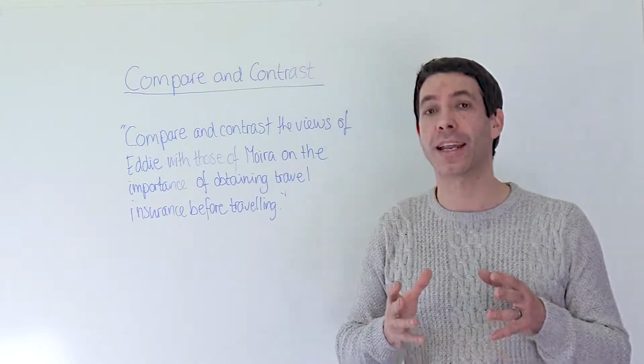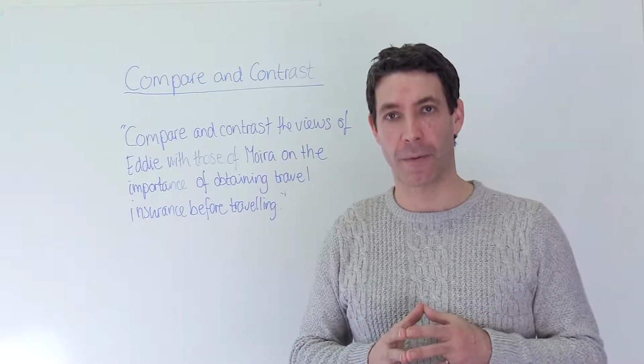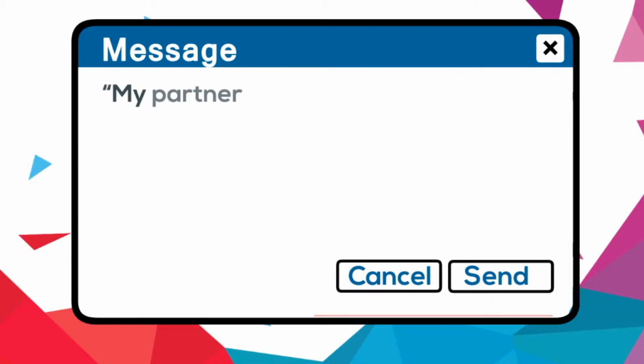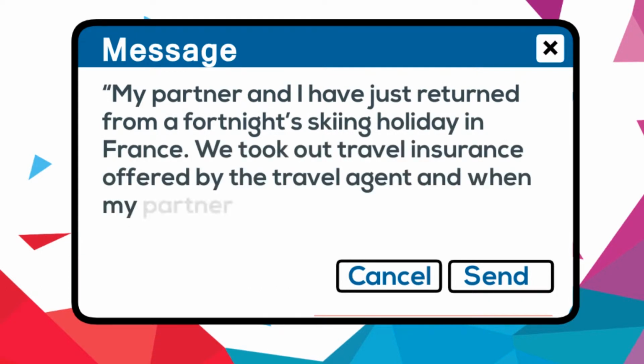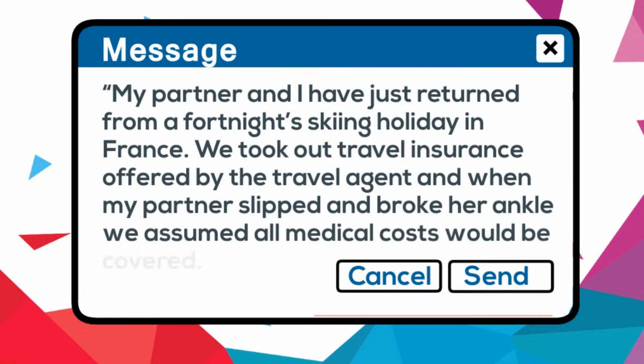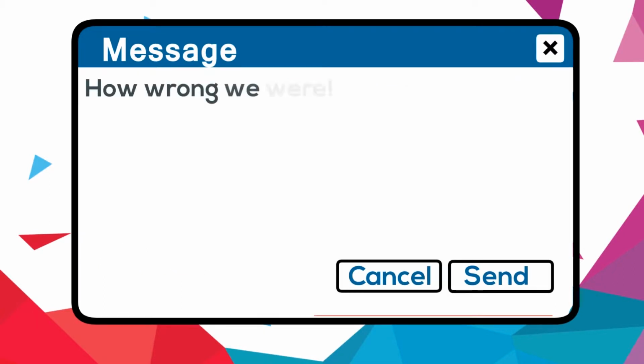Now, let's have a look at an extract of some text right now. My partner and I have just returned from a fortnight skiing holiday in France. We took out travel insurance offered by the travel agent, and when my partner slipped and broke her ankle, we assumed all medical costs would be covered. How wrong we were.